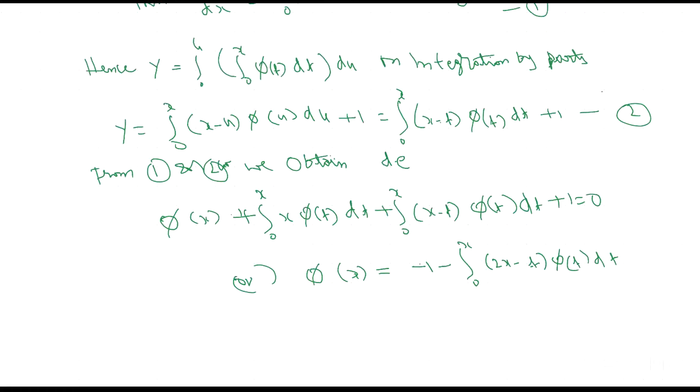From 1 and 2, equation 1 is dy by dx equal to integration 0 to x phi of t dt, and y is integration of (x minus t) phi of t dt plus 1.